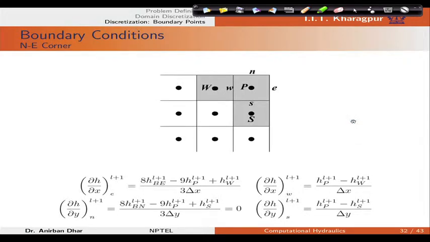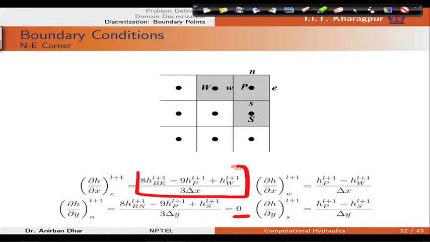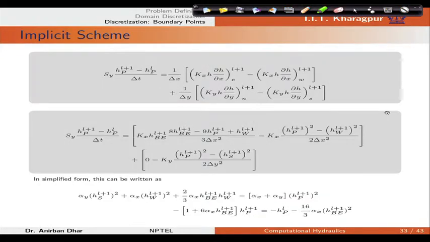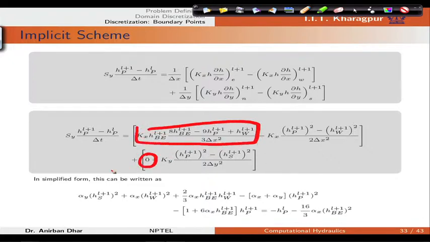Now, if we consider our northeast term, if we have northeast, so northern side we have 0 and eastern side we need to specify the specified boundary condition. Now, this is exactly same as our specified boundary condition, and northern side we need to put the 0 condition, and this is the condition that we have utilized from the specified boundary condition.